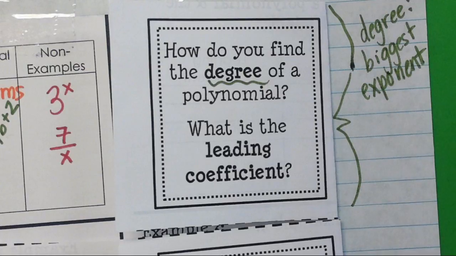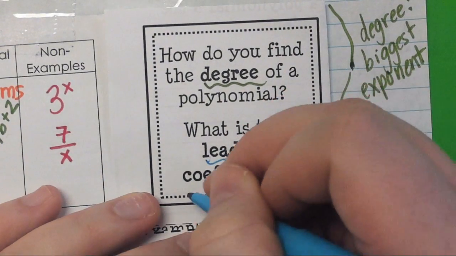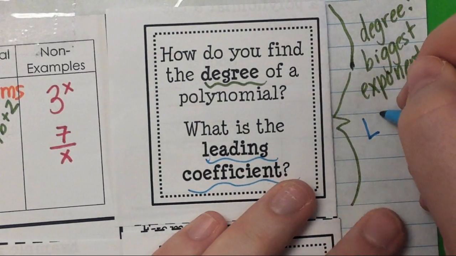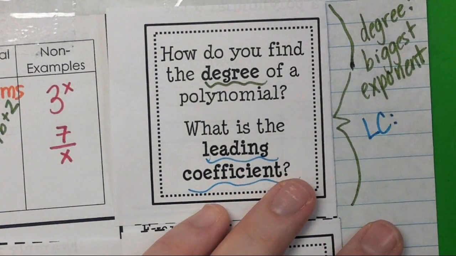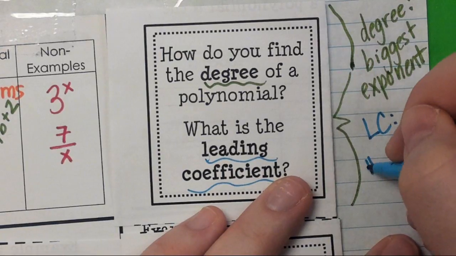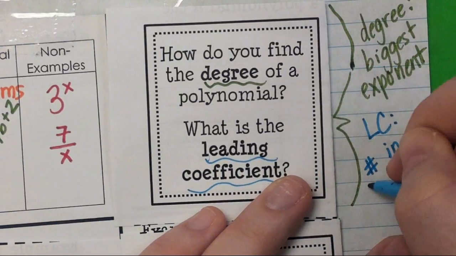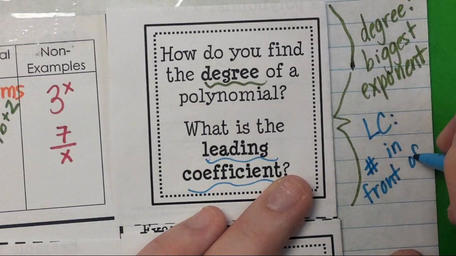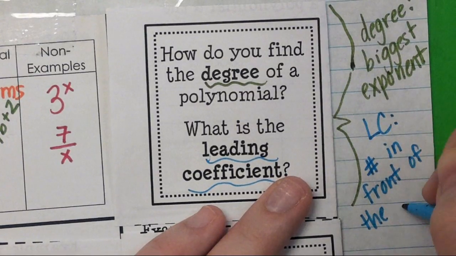So that seems pretty easy. And then it says, what is the leading coefficient? I'm just going to put LC because I'm out of room. LC, that's just the number in front of the biggest exponent.